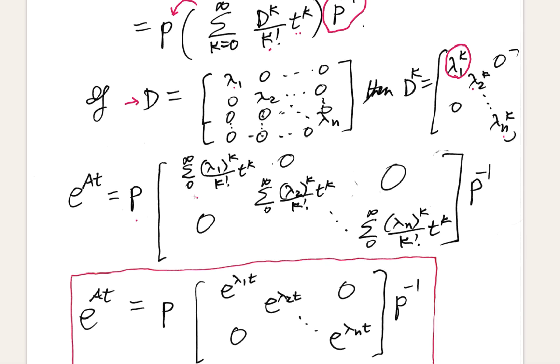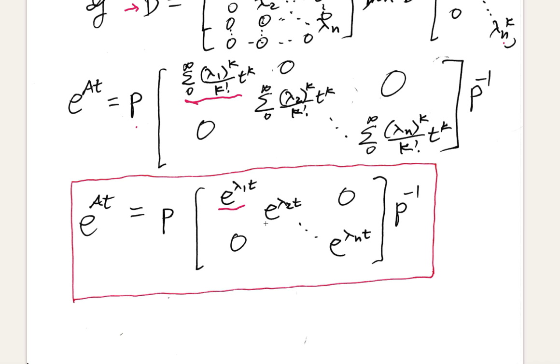So that's really e to the lambda t. Now I'm doing that all the way down the main diagonal. So what I actually have is e to the lambda 1 times t, e to the lambda 2 times t, and so on, e to the lambda n times t down the main diagonal, zeros everywhere else, multiplied by P on the left and by P inverse on the right.